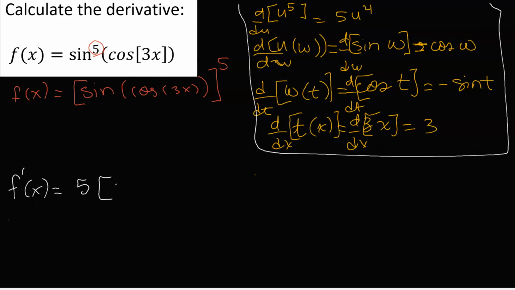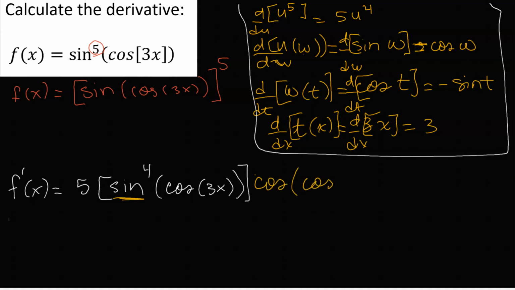And what is that thing? That thing is sine. So that would be sine to the fourth power of cosine of 3x. And then multiply by the inside derivative. And the inside derivative, I just said sine, so the derivative of sine is cosine. Cosine of what?